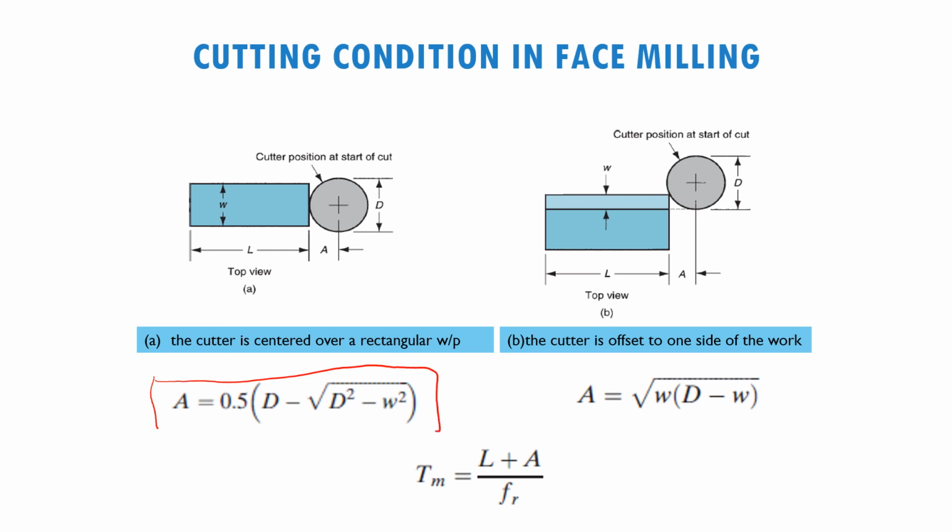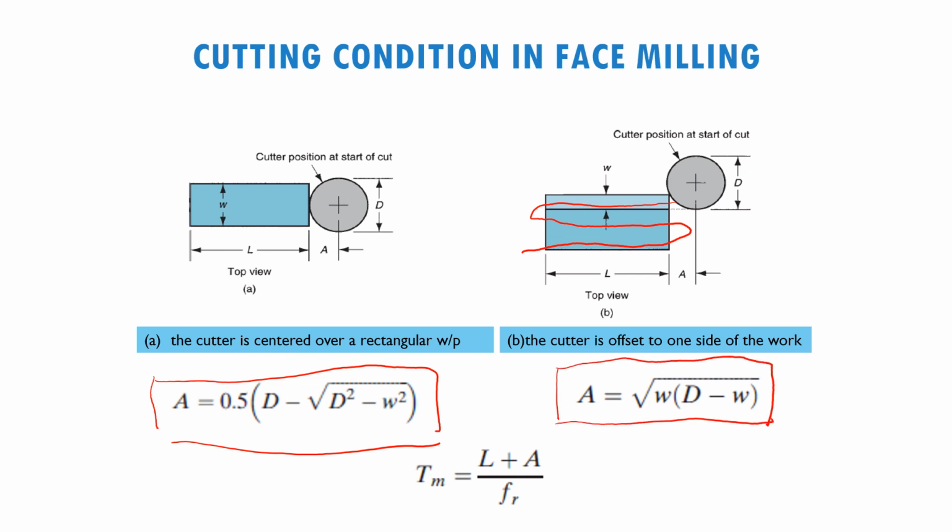Next one is if the cutting tool is offset on the side of the workpiece, and then the machining is performed like this until it's finished. For this one, the approach is calculated by using this equation.